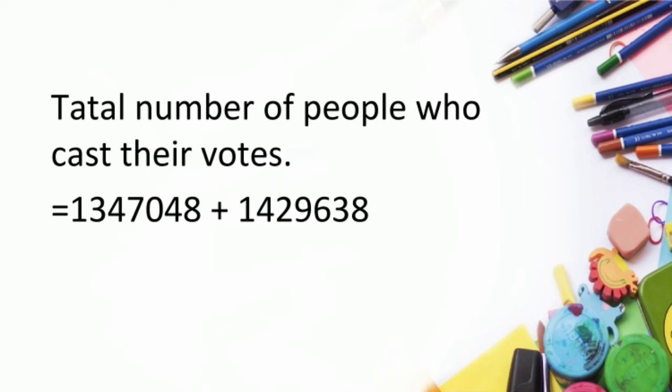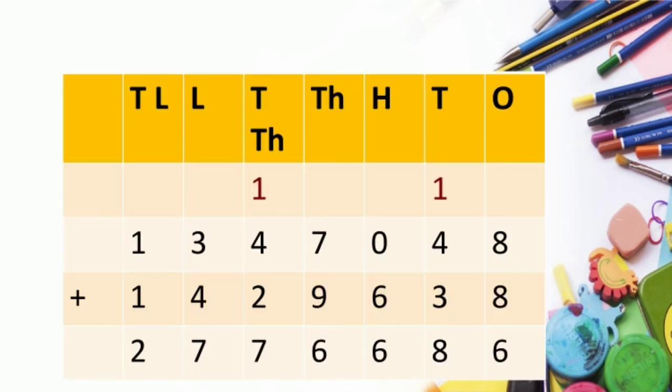Now what is the question asked here? How many votes were polled altogether? Altogether means addition. This is a keyword for addition. So you have to perform addition here. Now using the place value chart we have to add these numbers.